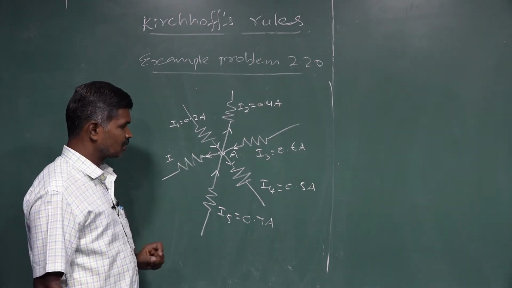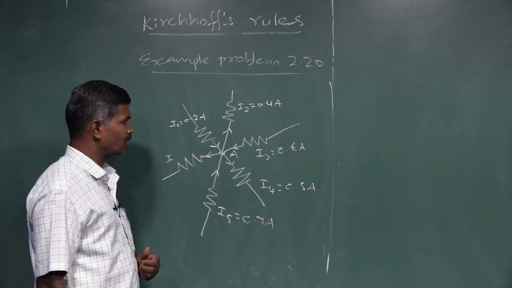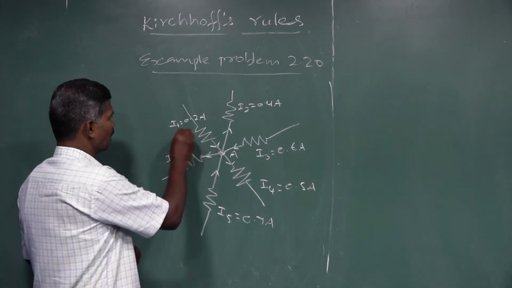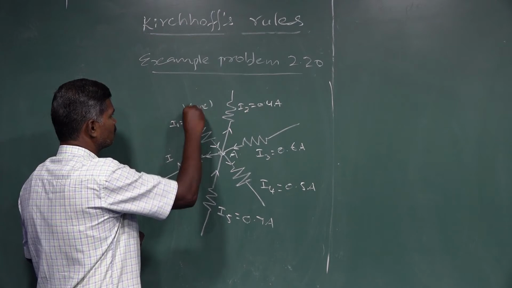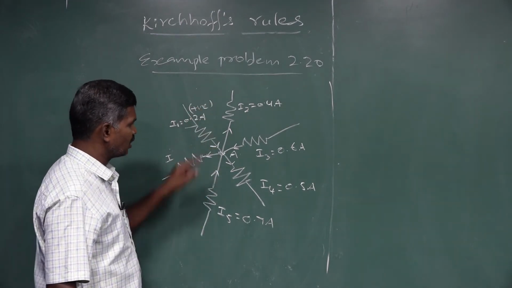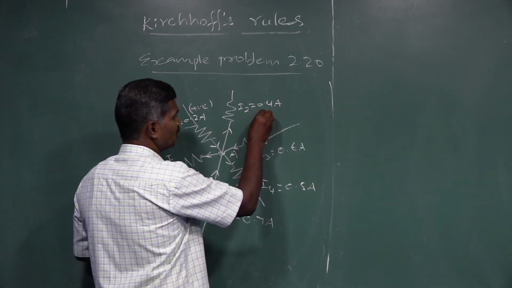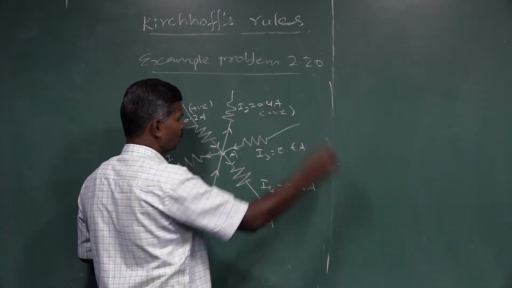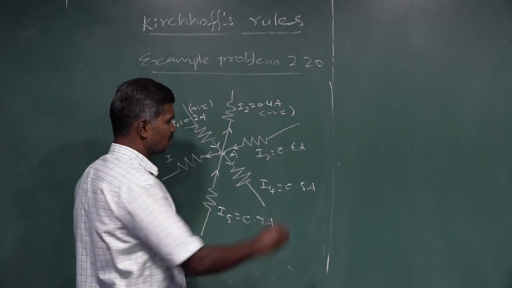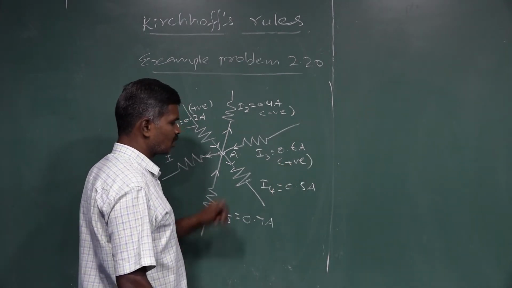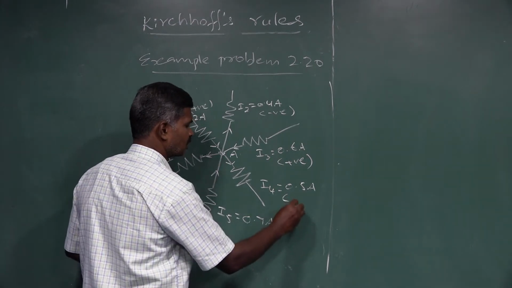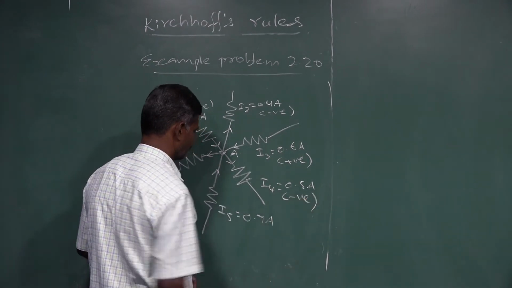For the known currents, we want to take a sign convention. So the first current is towards the junction, that's why it is a positive value. Second current away from the junction, that should be taken as negative. Third current towards the junction, that is positive. Fourth current away from the junction, that can be taken as negative.